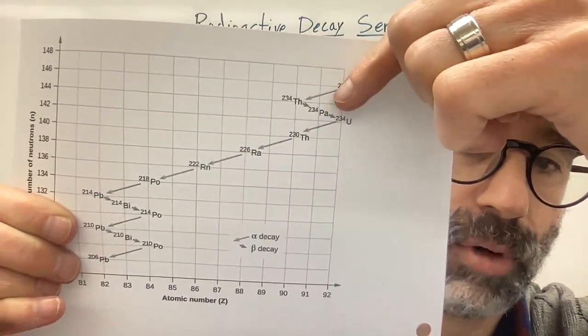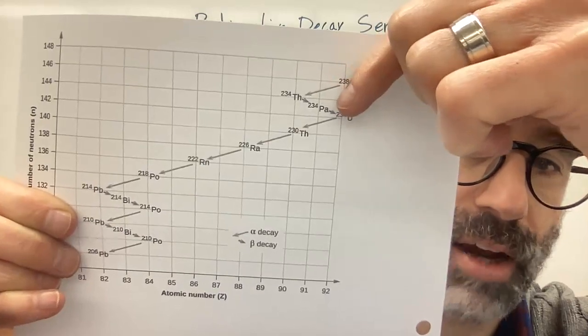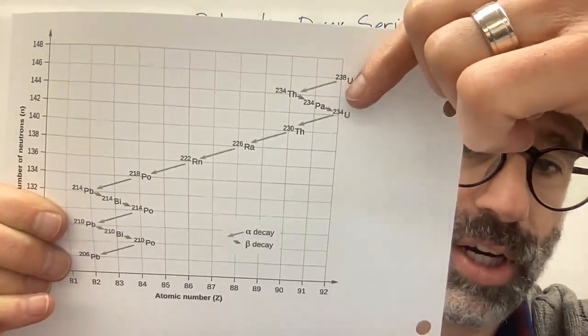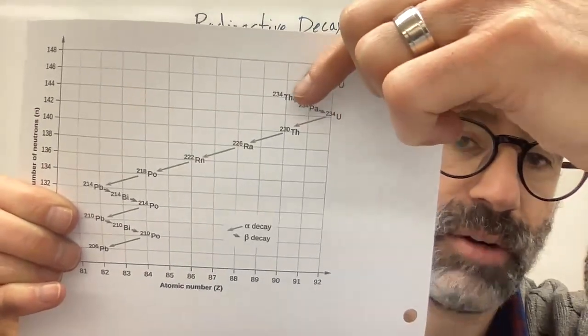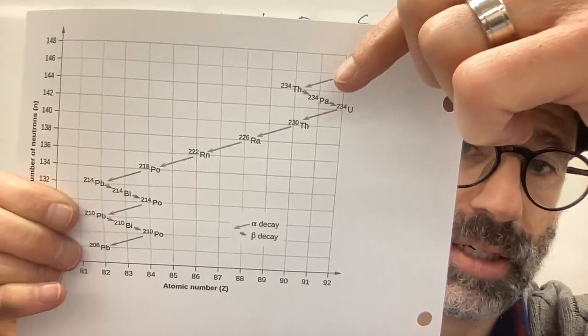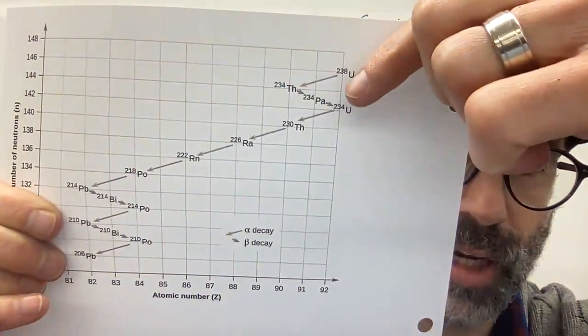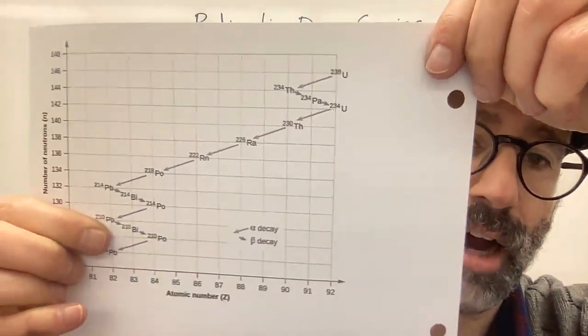And then it undergoes another beta decay and goes down to uranium 234. So it's growing in atomic number from 90, which is thorium, to 91, which is protactinium, to 92, which is uranium. And then we have a series of alpha decays.